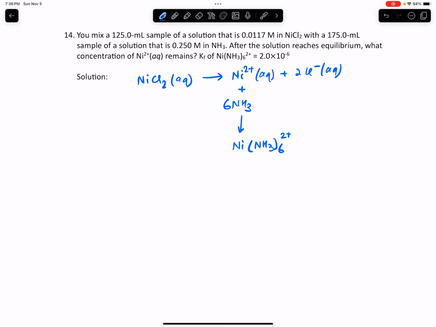Now that we know that's what we're dealing with, the next step is to understand what is given to us and what the new concentrations are. Let me highlight this equilibrium.